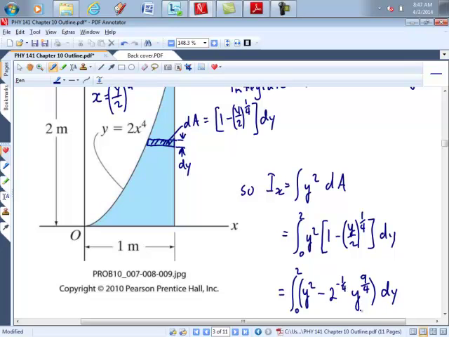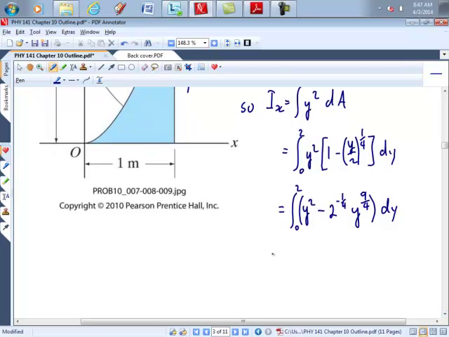Okay, this looks ugly, but it's actually not that hard to integrate, right? We've just got a polynomial function with some rational exponents. So the y squared is easy. That's going to go to y cubed over 3.